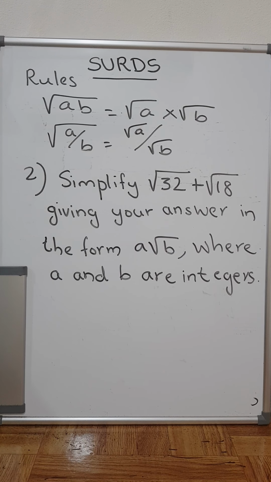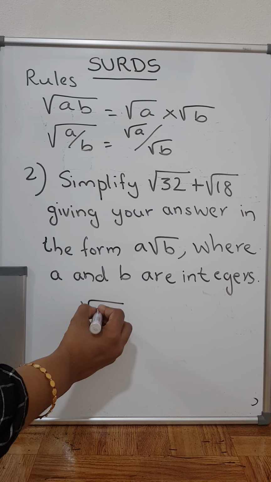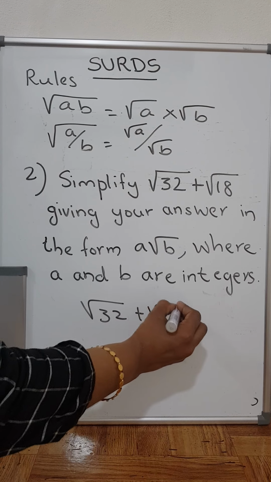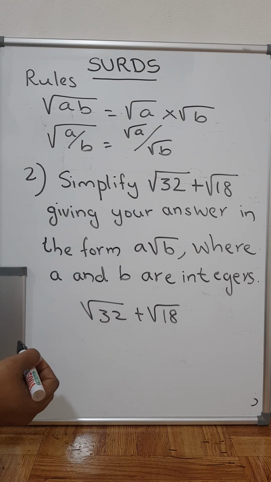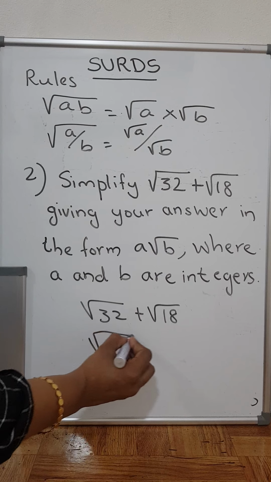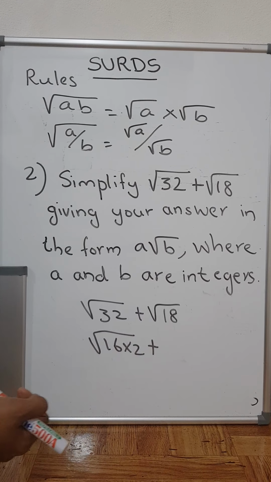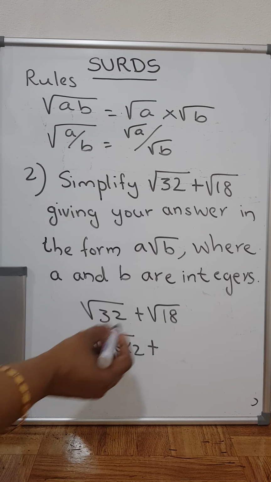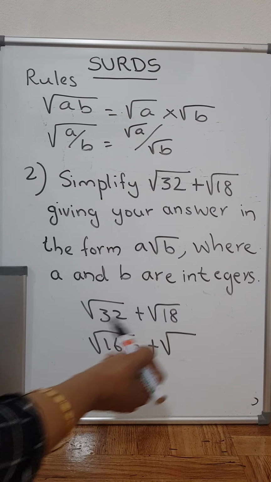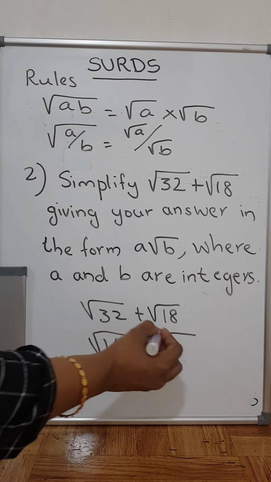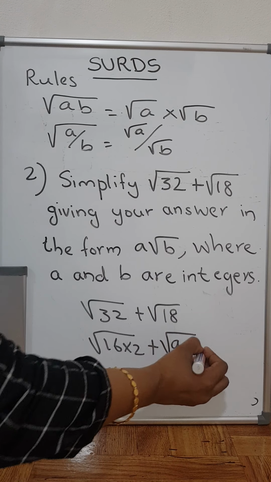We have to represent root 32 plus root 18 in the form A root B, where A and B are integers. So what we can do? We can simplify root 32 plus root 18. Root 32 we can write as a factor of a square number, that is 16 times 2. Then root 18 we can write as 9 times 2.